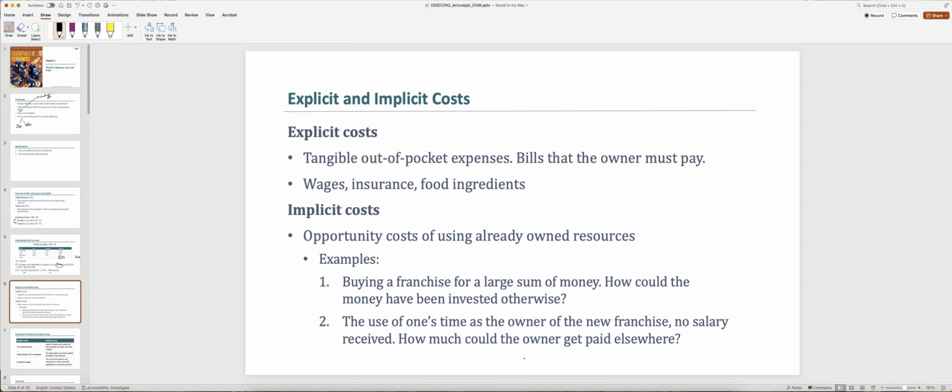Now, we need to break down these costs into two types: explicit costs and implicit costs. Think of it this way. Explicit costs are anything that has a receipt. Isn't that what you kids say these days? Receipts, show me the receipt.